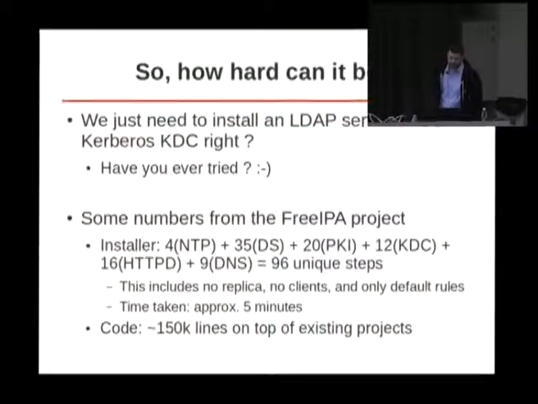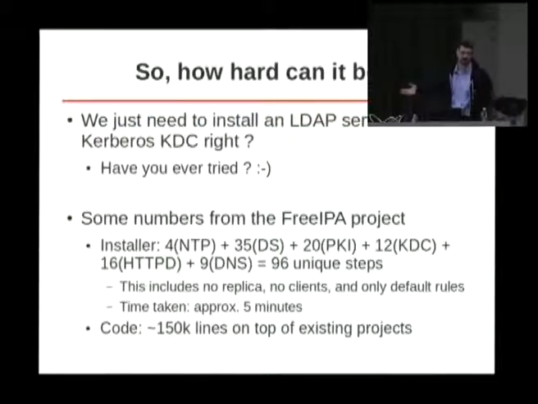And on the complexity, this stuff is 150K lines of code, mostly Python, that sit on top of all the components used. These 150K lines are not NTP, they are not the directory server, they are not a PKI, they are not a KDC. They are just the bits that you need to manage and configure the systems.